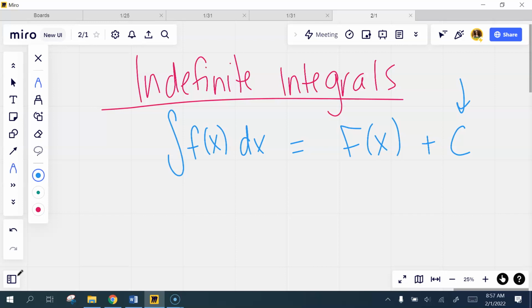Now, with that said, the properties of definite integrals are the same as the properties of the indefinite integrals. As far as pulling the constant out in front, if you're adding or subtracting, you can split them up and so forth. There are a couple, and these are on your derivative sheet.